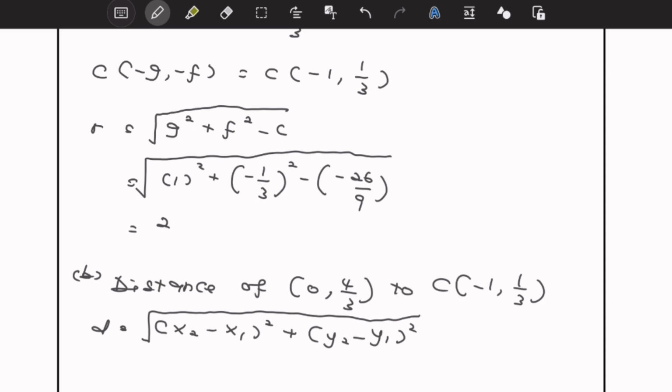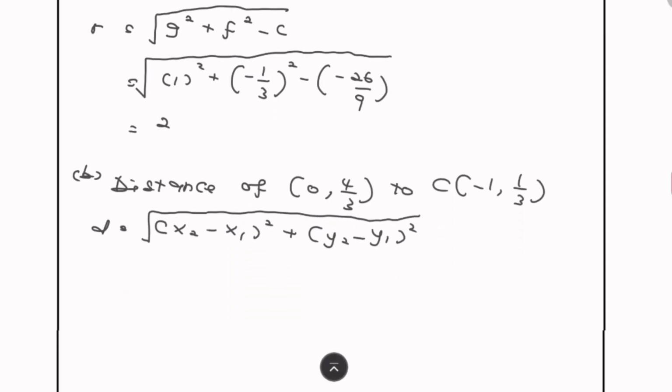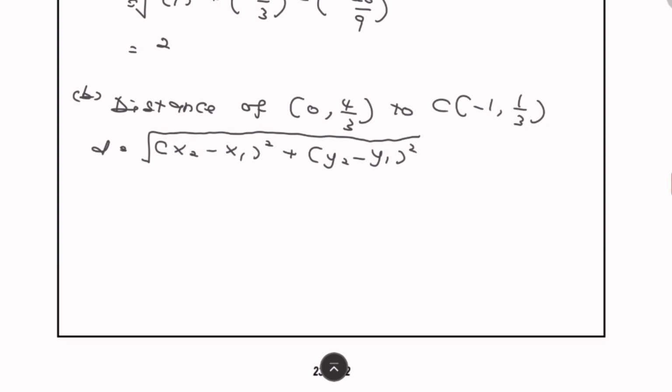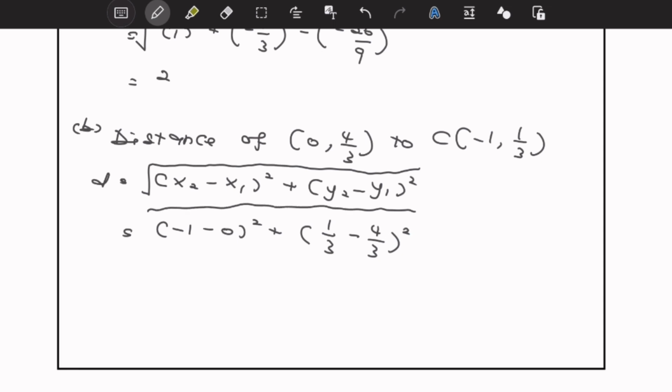It doesn't matter which one will be x1, x2, y1, y2. So let's say x2 is negative 1, minus 0, squared, plus (1/3 minus 4/3) squared. Then we square root it.